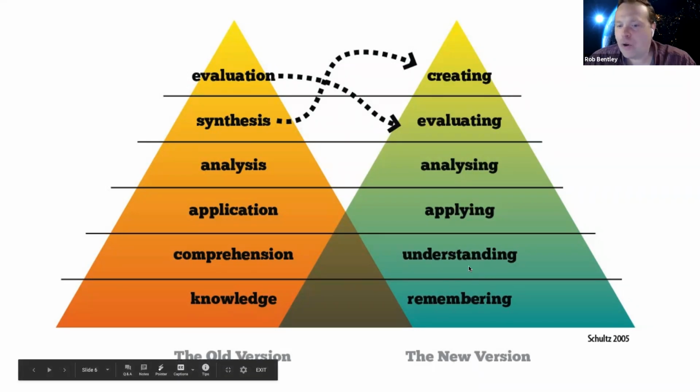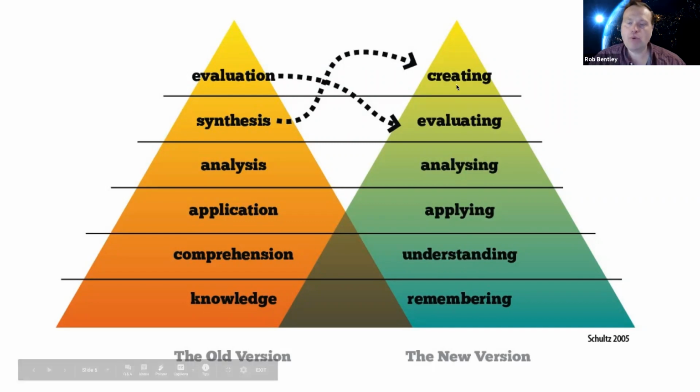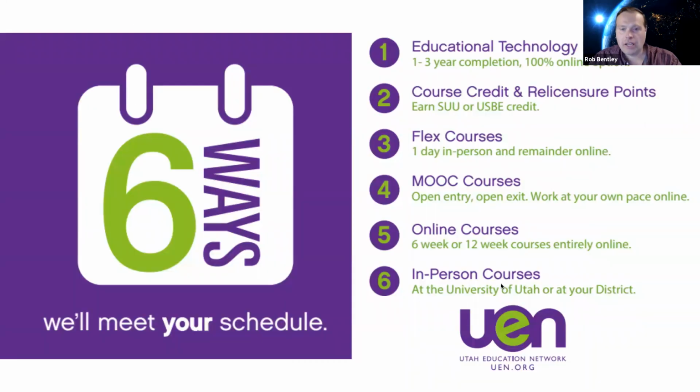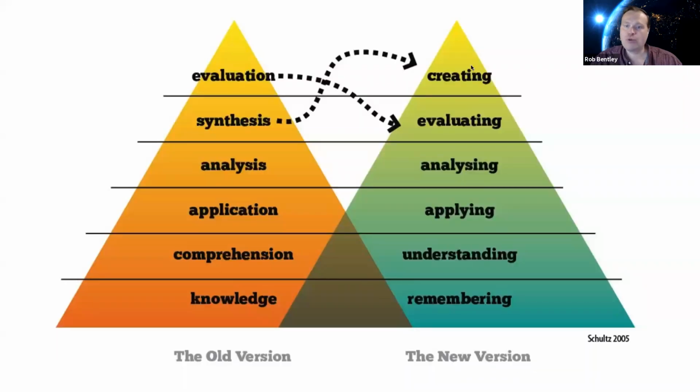But the higher you go up this pyramid, the more, in some ways, beneficial it is for the individual, right? It's one thing to be able to remember something. It's another thing to be able to create a poem out of those words that I remember, or to evaluate something based on the Spanish that I know.